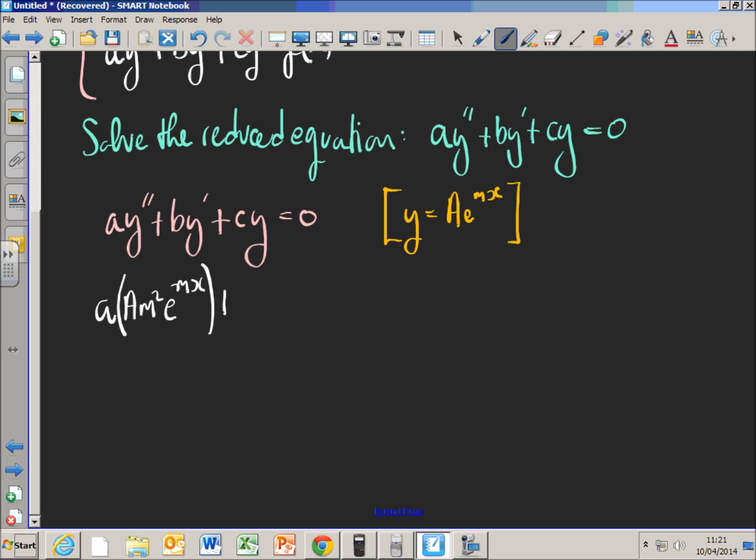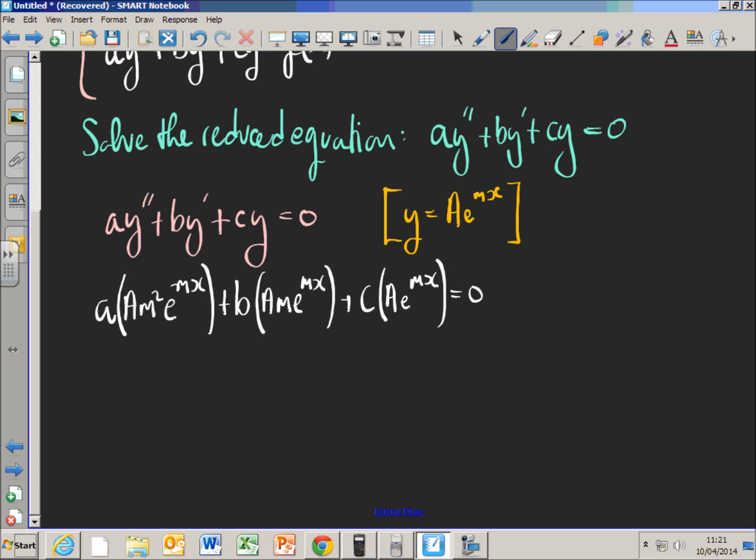And then what's the y dash going to turn into? And then the c y is just what we've got here. You put it equal to 0, and then we factorise it. You should be able to see that I can take a e to the mx out.